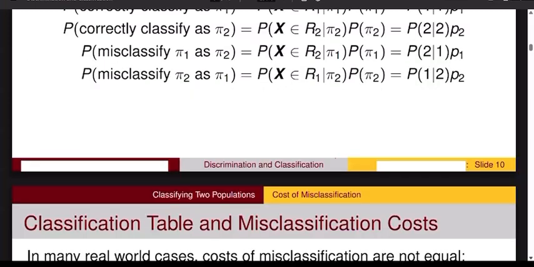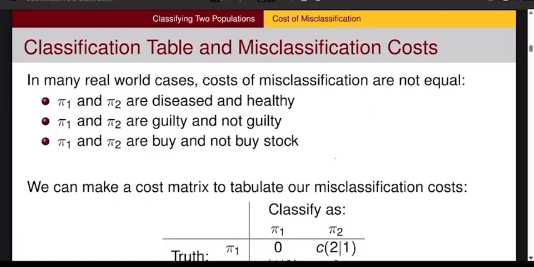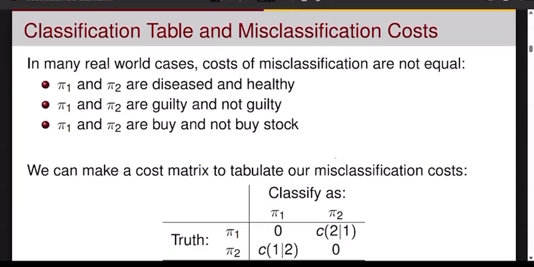Now I want to take us into the classification table and misclassification cost. In many real-world situations, the costs of misclassification are not equal. Take the cost when a court makes a mistake.